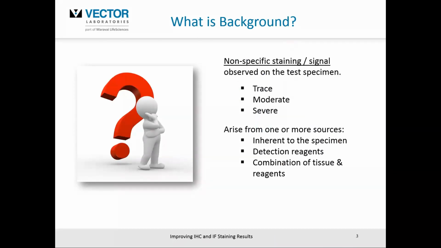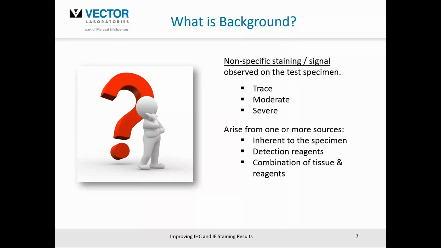So what is it I'm referring to when I talk about background? I've got a little bit of a definition here: non-specific staining or signal observed on the test specimen. I am using the phrases background and non-specific staining interchangeably, but really what I'm getting at is unwanted staining on your test specimen.